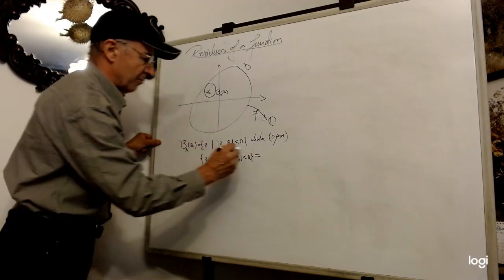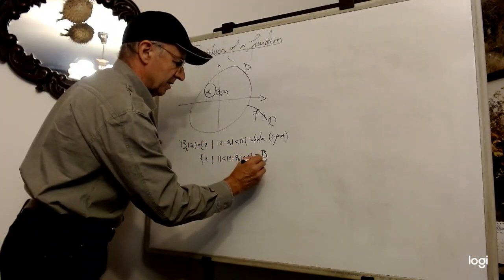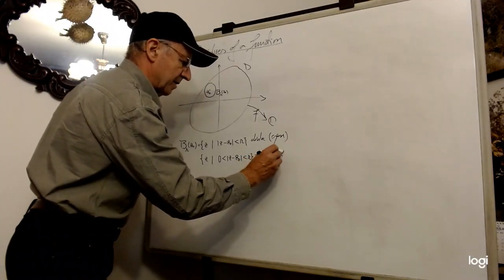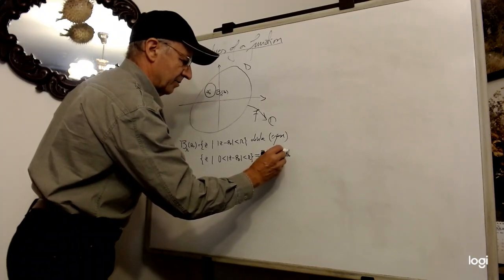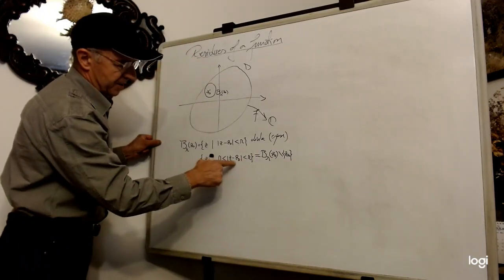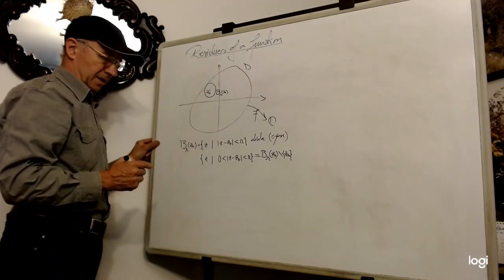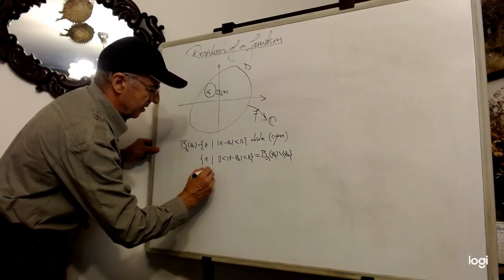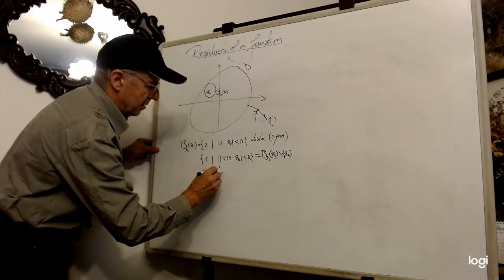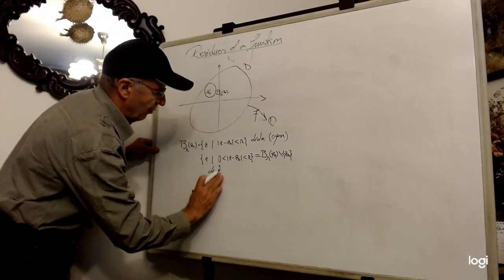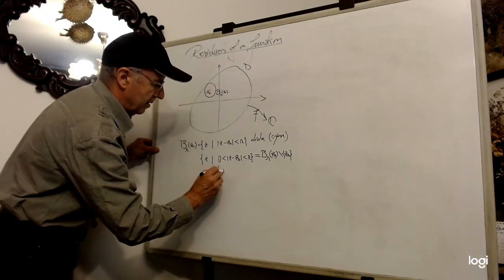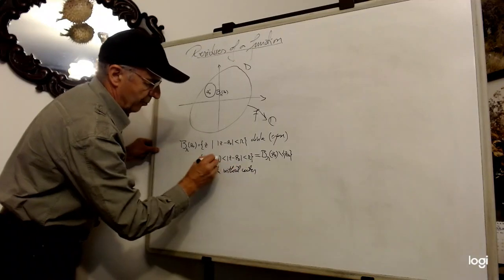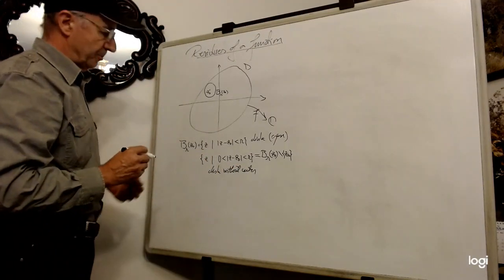So this is the previous disk of center z0 and radius r minus the center z0. For z equals z0, this inequality is not satisfied. That is a disk without center, when we impose this additional condition.